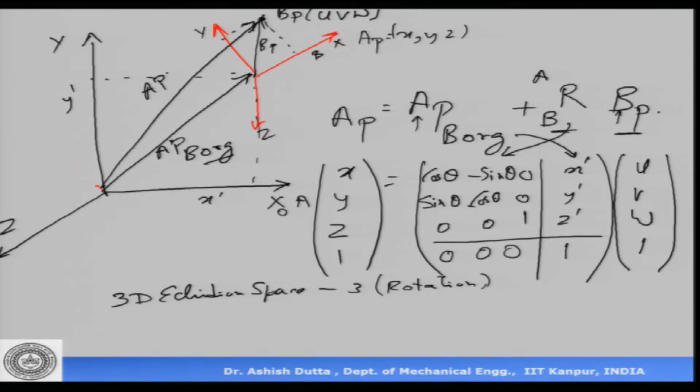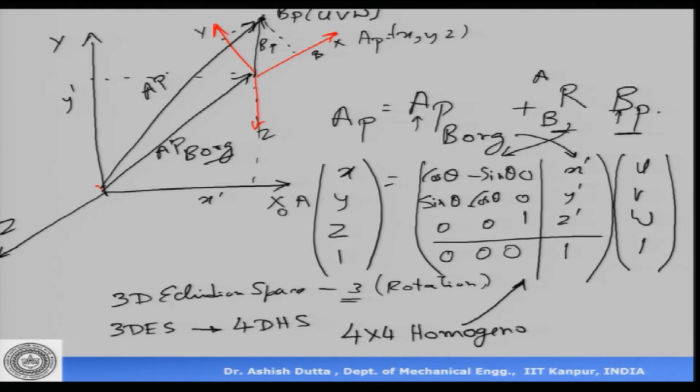Now, in Euclidean space we have 3 parameters. These 3 parameters are taken off here. So, we cannot express rotation and translations also in Euclidean space, because of which we have to move from 3D Euclidean space to that of 4D homogeneous space, and this is called a homogeneous transformation matrix. So, this is a 4 by 4, it is called the 4 by 4 homogeneous transformation matrix.